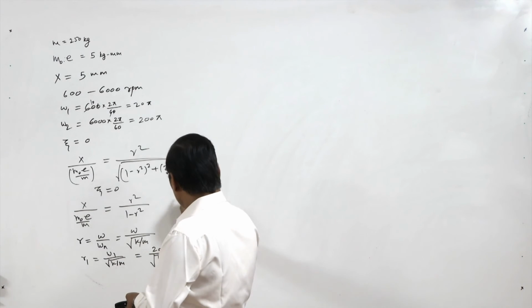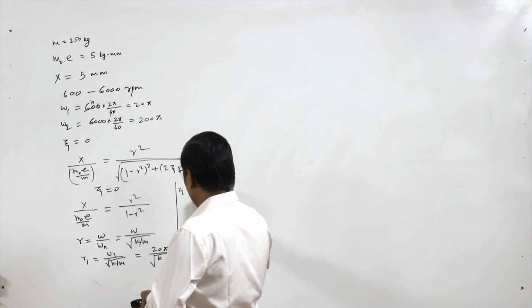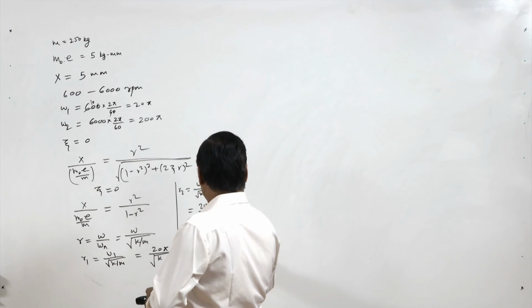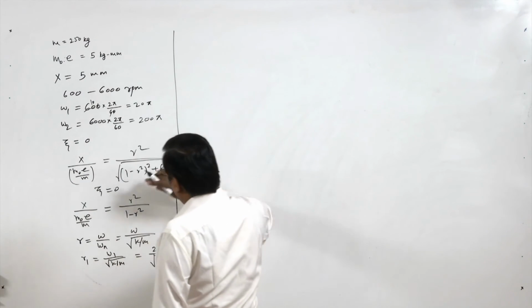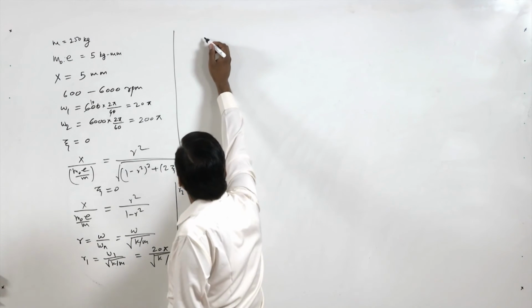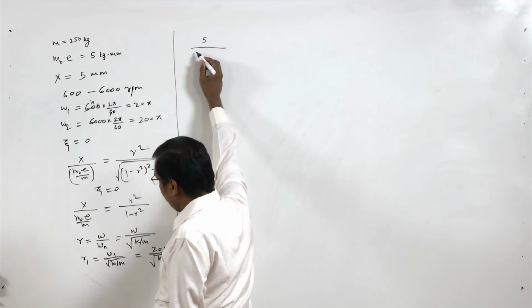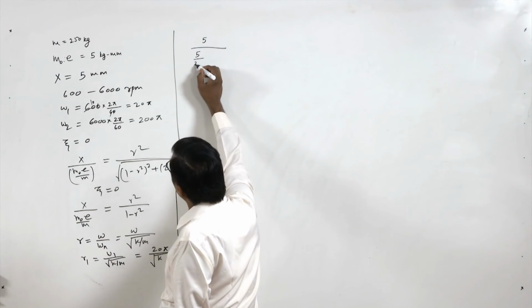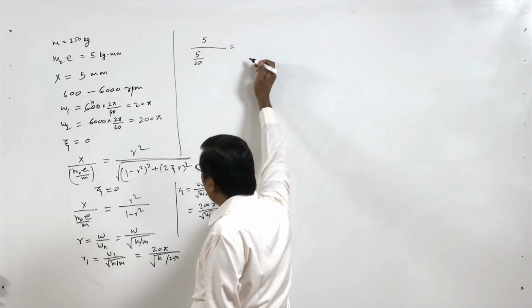and here r2 equal to omega 2 by root k by m, so it is 200 pi by root k by m. Now we put in this equation, so x is 5 mm and m0 e is 5 kg mm upon m is 250 equal to r square.